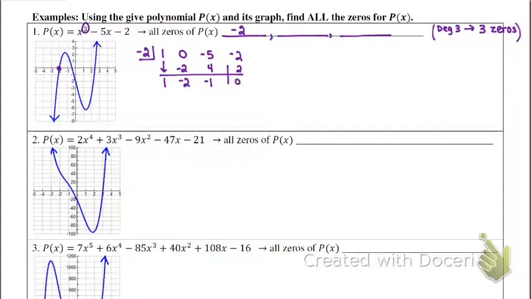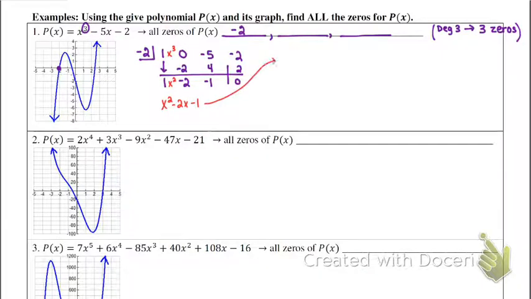I came up with a remainder of 0, so that's good. That means this started off as an x cubed, this one will now be an x squared. So I have the polynomial x squared minus 2x minus 1. That is not factorable. Therefore, this is going to be a radical, and I need to use the quadratic formula.